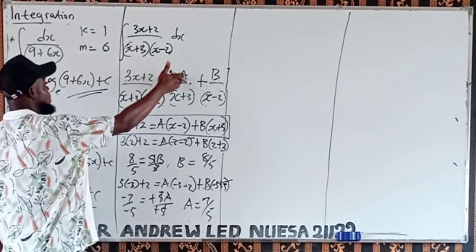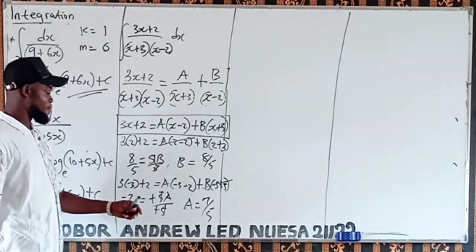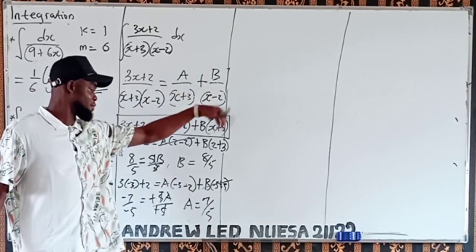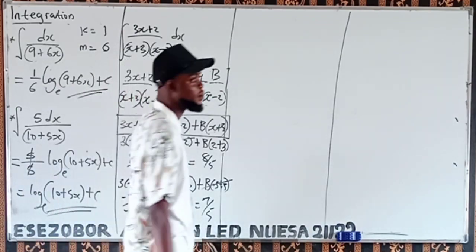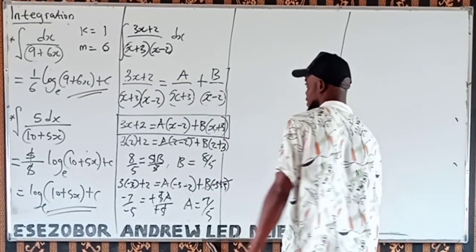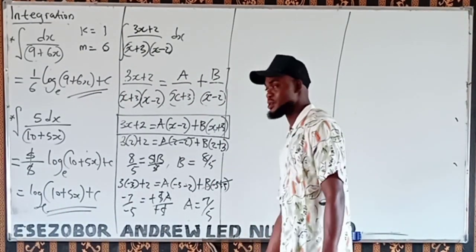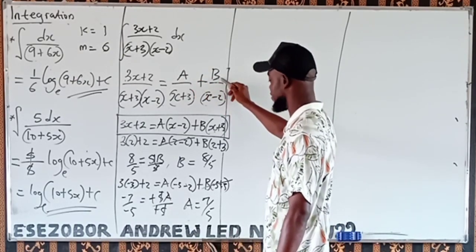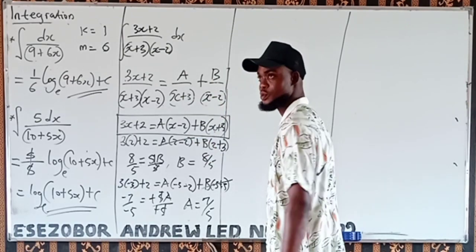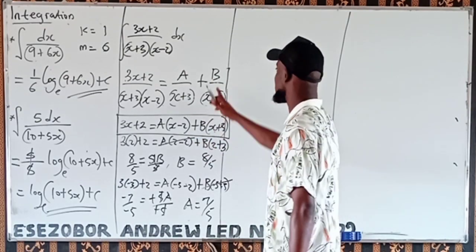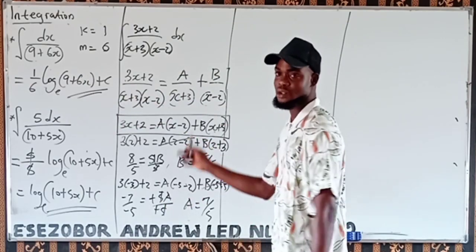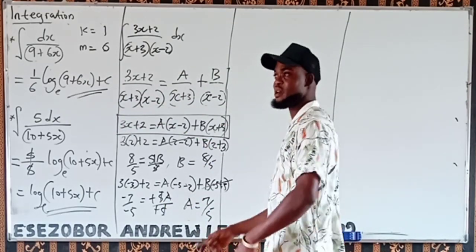So what you do, you go back to this place, put A as 7 over 5, put B as 8 over 5, then you integrate, you get your final answer. So that's how it is done. If you decide to move that 5 outside, leave that 5 outside, then you just solve everything out and get your final answer.